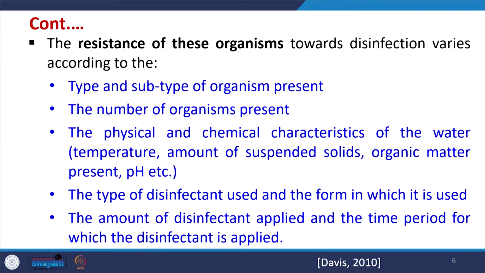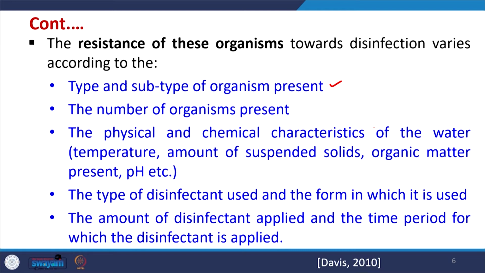Now, resistance of these organisms towards disinfection varies according to different situations. In the water we have to see which type or subtype of organism is present, and whether it is bacteria or virus. Depending upon that, the dose of the chemicals, or in the case of radiation the intensity of radiation, may vary.